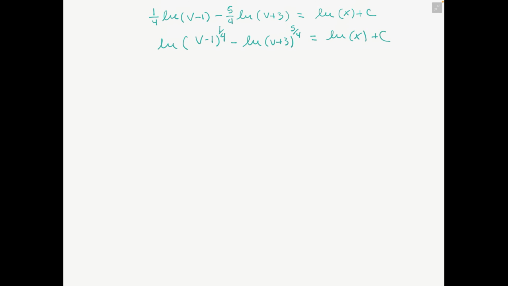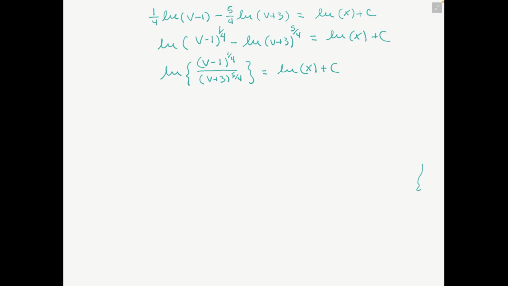Now we do a little more logarithmic algebra. We got ln of v minus 1 to the 1/4 over v plus 3 to the 5/4 is equal to ln x plus c.